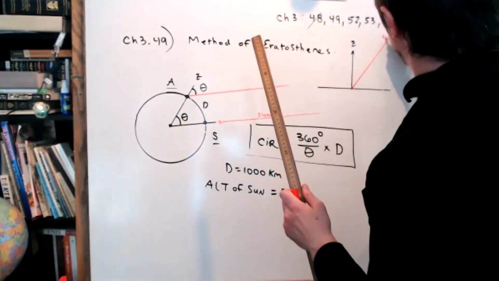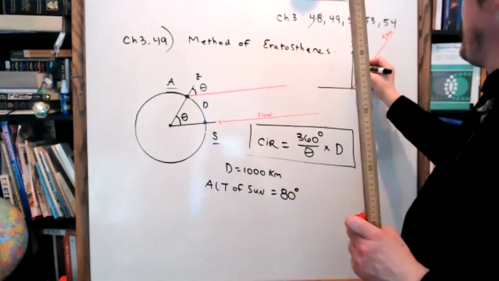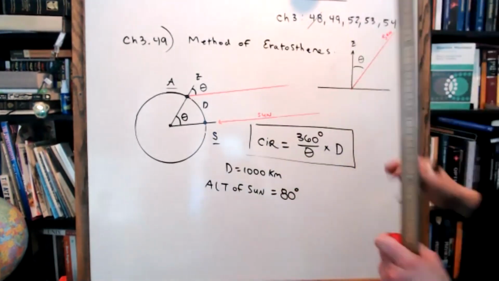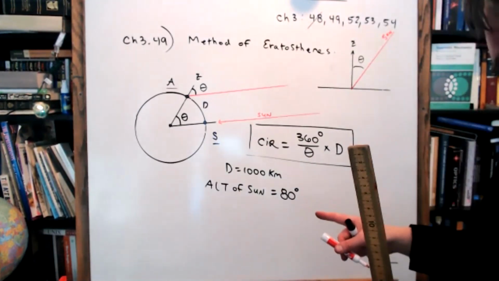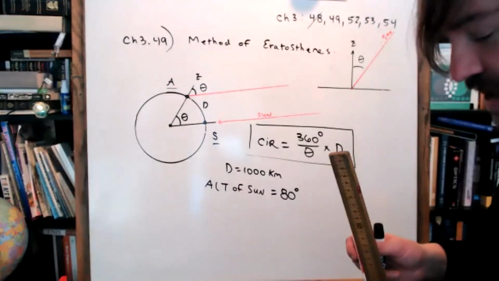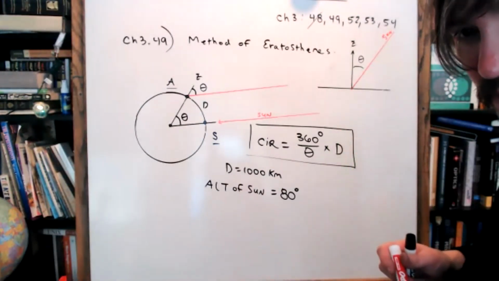Theta, so this goes to the sun. In my diagram, theta is the angle between the zenith and the sun. But they gave us the altitude of the sun. How does that factor in here? Does anyone see what I'm trying to say?